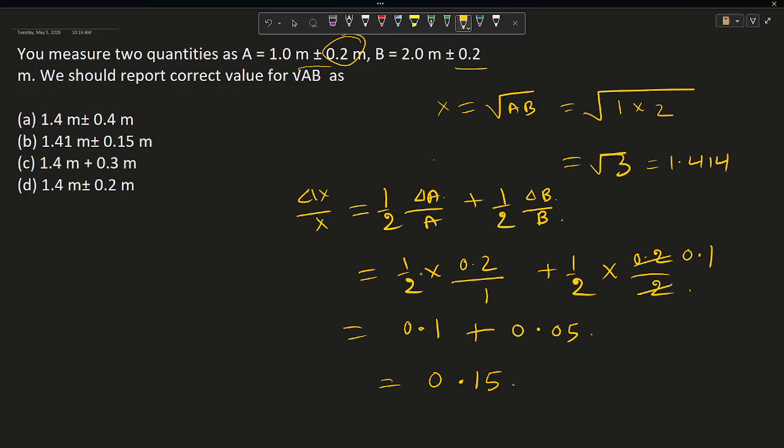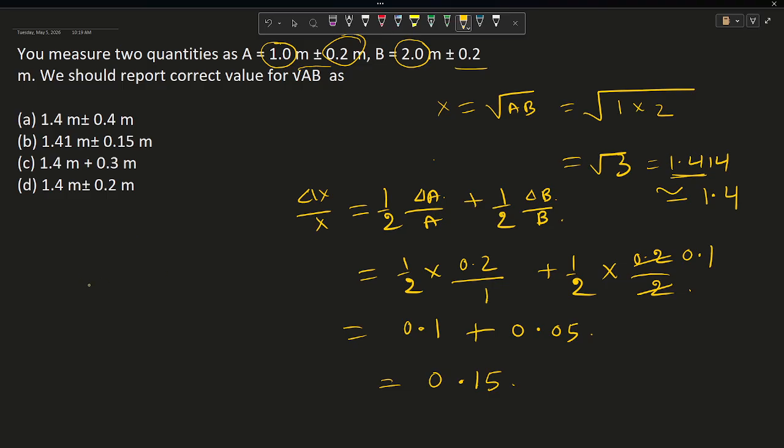Now check: this quantity has only two significant figures and this one also has two significant figures. So the actual value will be 1.4 up to two significant figures.